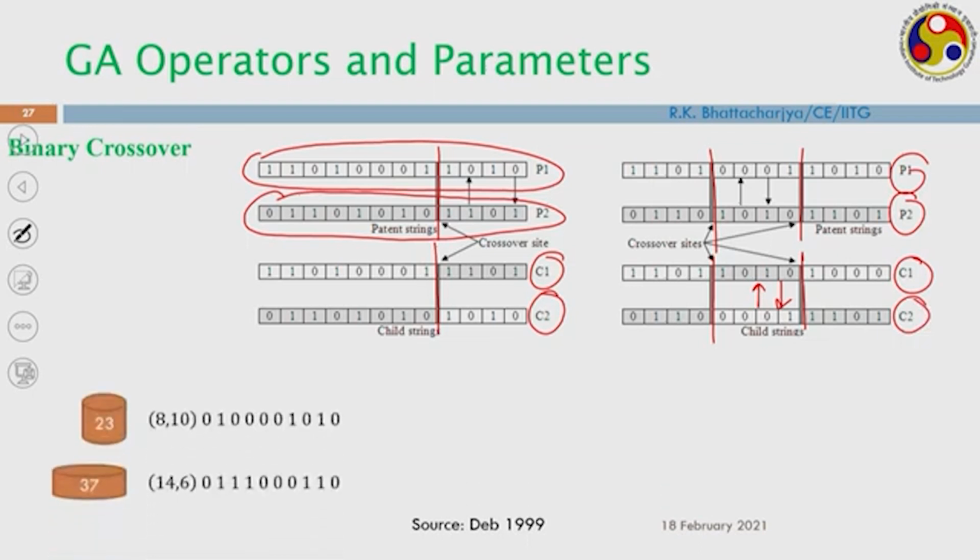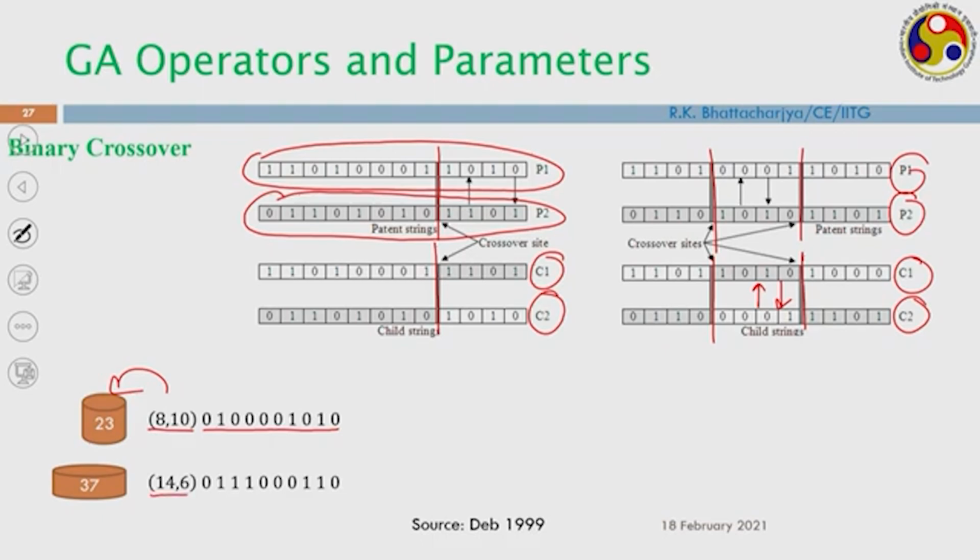Let us take this example problem, the CAN design problem. So, this is one solution, 8 10, and if I encode this solution, I will be getting this one: 0 1 0 0 0 0 1 0 1 0. So, this will represent 8 and 3, and the corresponding decoded value is 23. Now, there is another solution, that is 14 6.